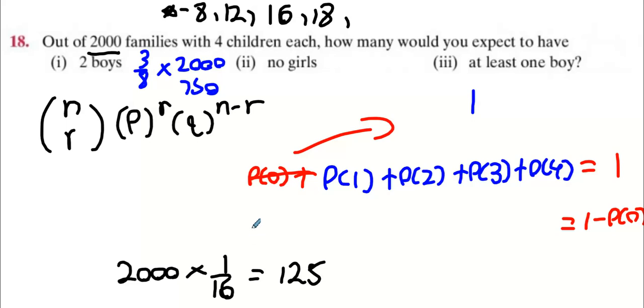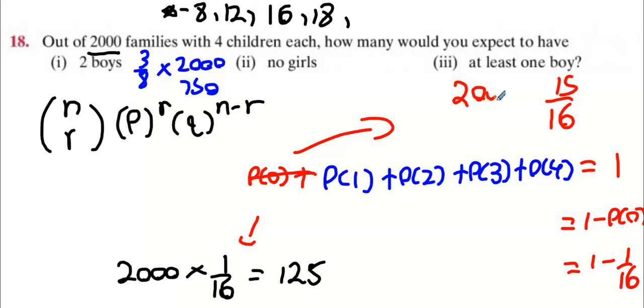No boys is actually the same probability as no girls. So 1 take away 1 over 16, which is 15 out of 16 families have at least 1 boy. And then multiply that by 2,000, and our answer will be 1,875.